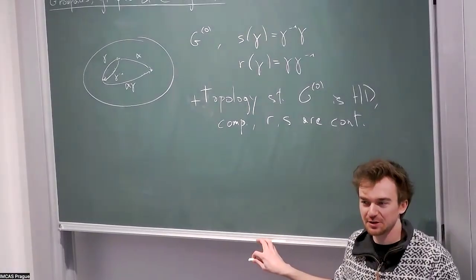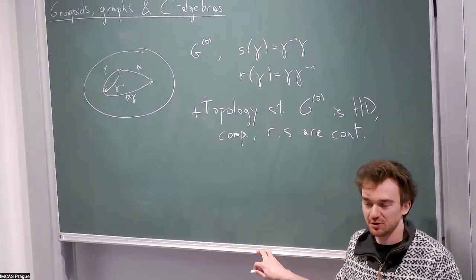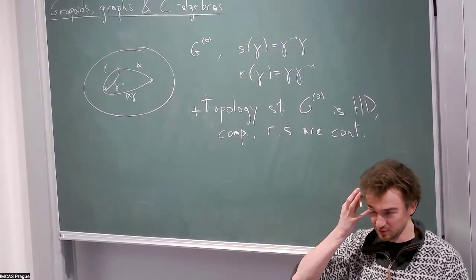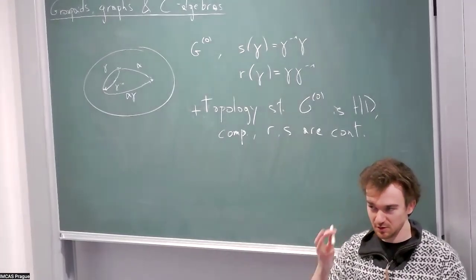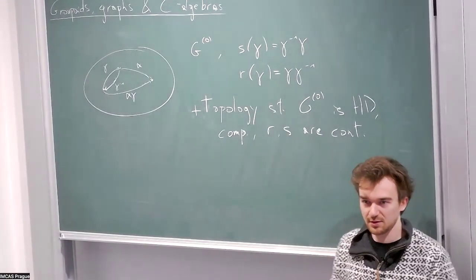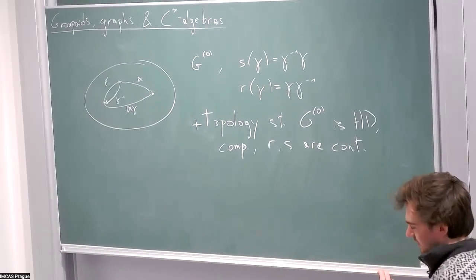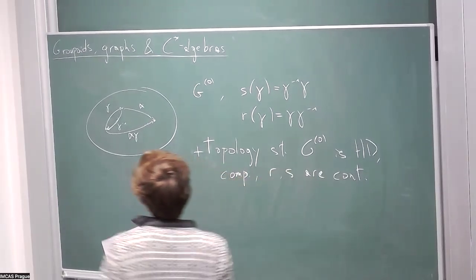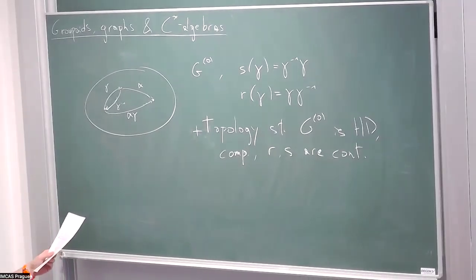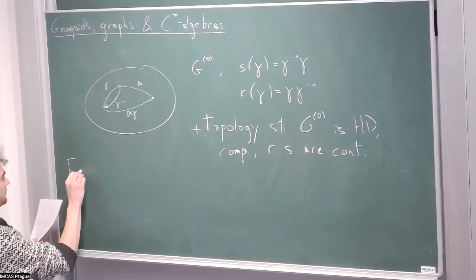But I don't know if the construction of a groupoid C-star algebra even makes sense if the unit space is not a set. Right. So, examples.